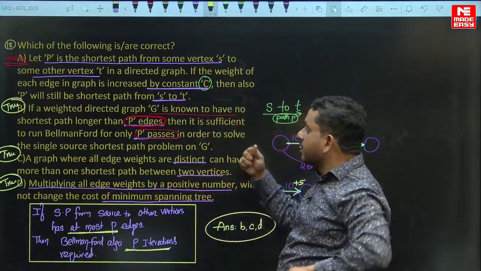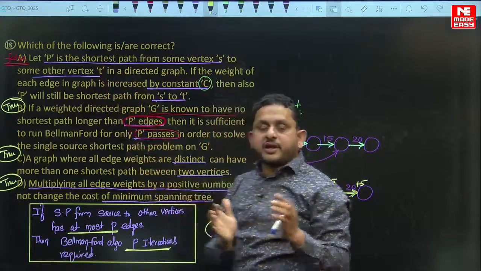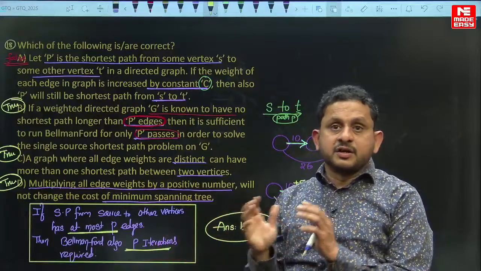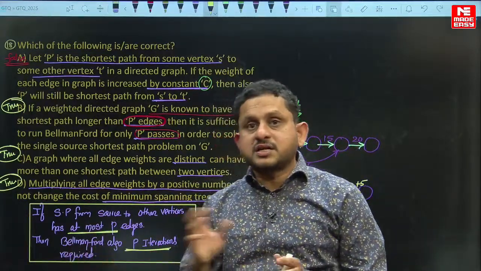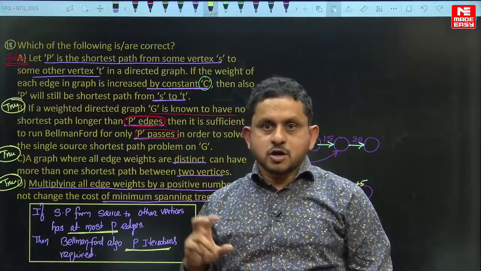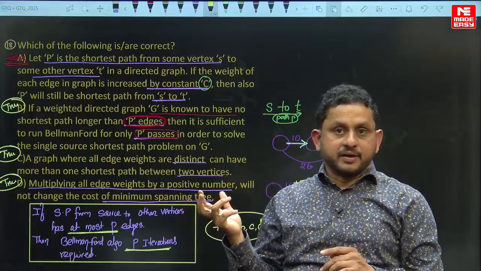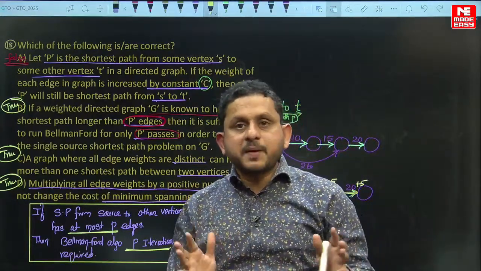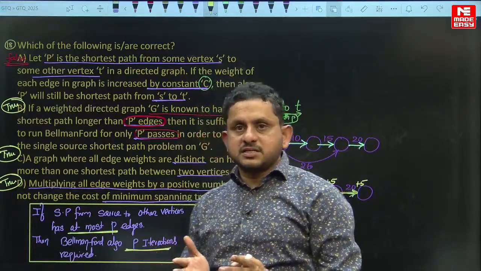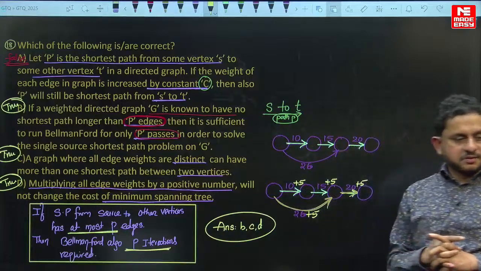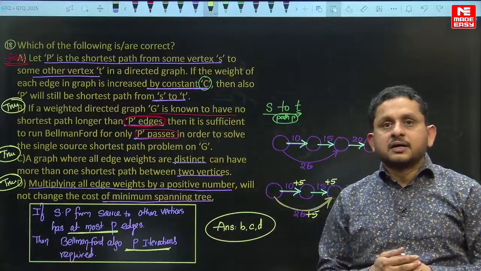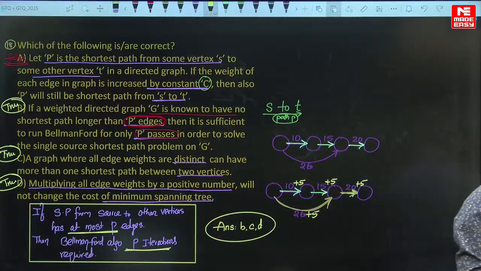If every edge weight is increased by some positive constant or multiplied by some positive constant, the shortest path may not be the same before and after, but the minimal spanning tree is the same. The shortest path depends on how many edges are involved from the source to the destination.